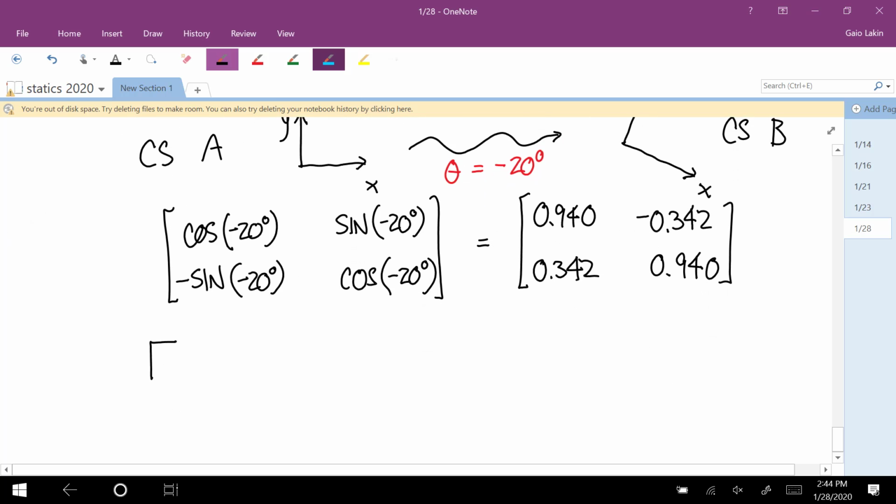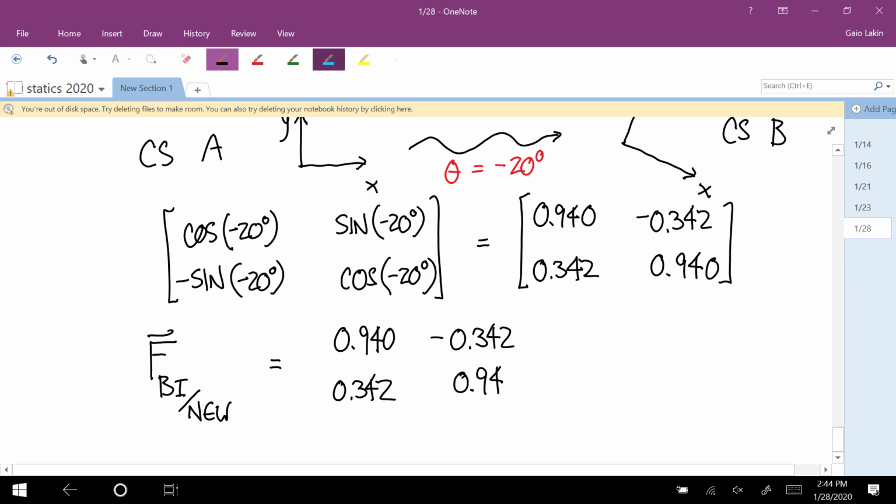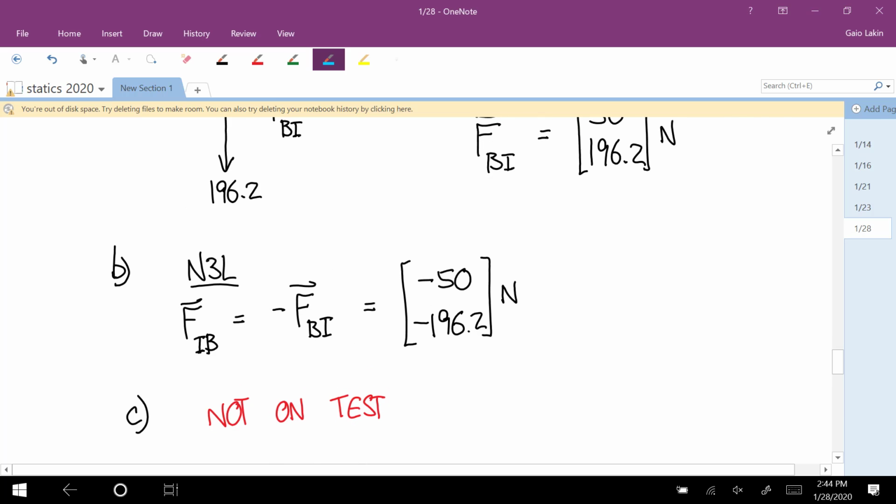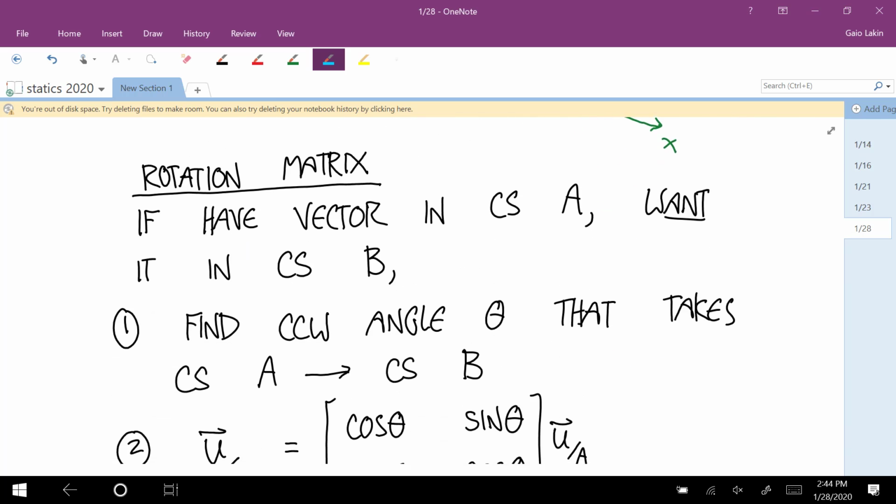And so the force on the block by the incline, expressed in this new coordinate system, so I'll write that as new, is equal to 0.940, negative 0.342, positive 0.342, 0.940, times our answer from the original coordinate system, which was 50, 196.2.